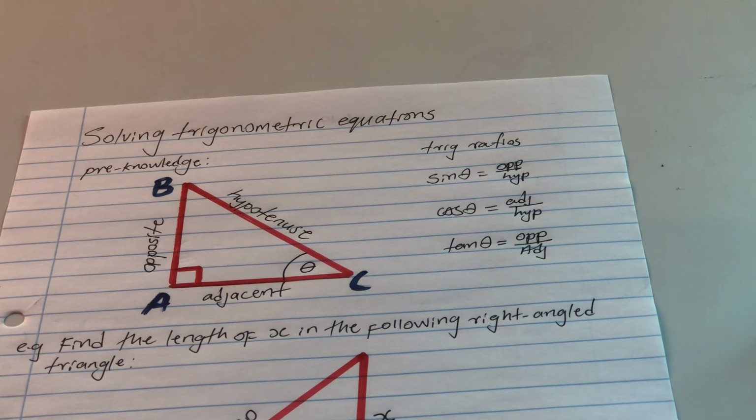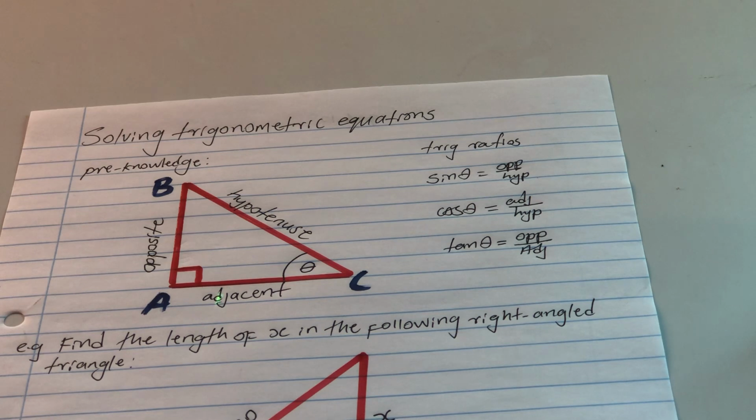So, I have what is called trig ratios. Sine is opposite over hypotenuse. Opposite over hypotenuse is sine.